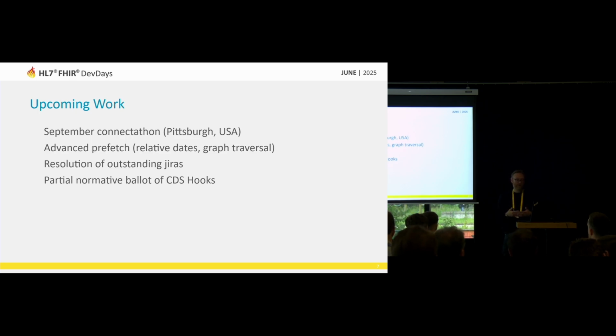Over the past quarter and during the next quarter or two, as a project, we're going to be focused on fixing outstanding reported issues, just the standard HL7 JIRA processes, which will then lead into a CDS hooks STU3, a version 3 of the specification. My goal is that part of that spec will be normative, in order to communicate stability and maturity to the implementer community.